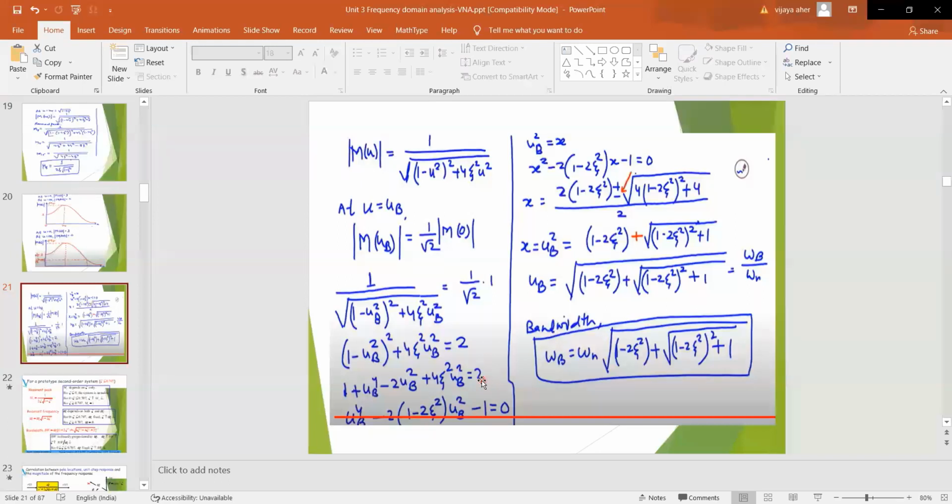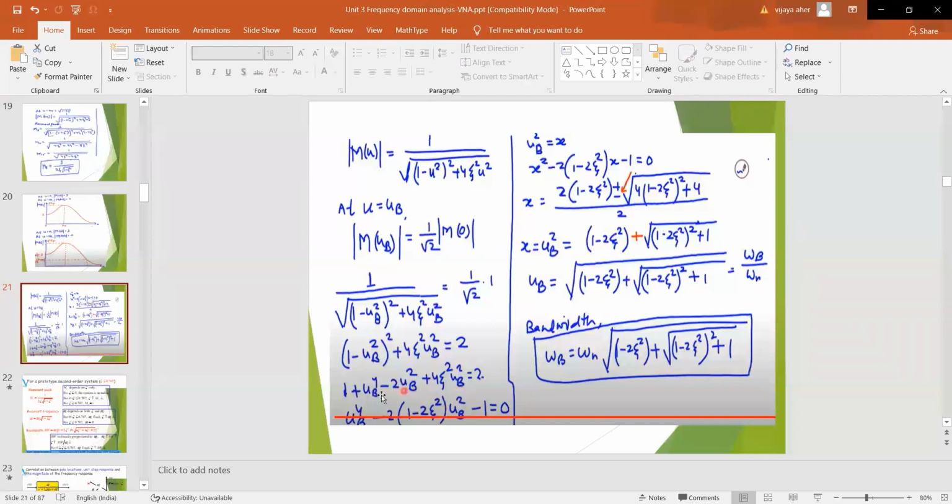Now this 2 coming on this LHS side with minus sign, so you will get minus 1. So you will get equation ub raised to 4 plus ub square into minus 2 plus 4 zeta square.